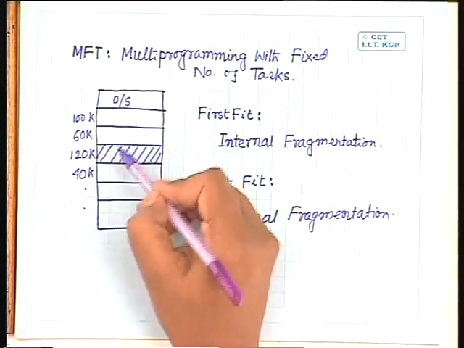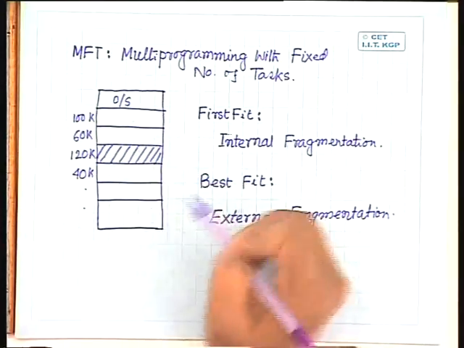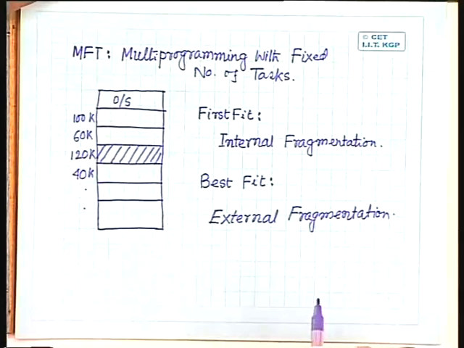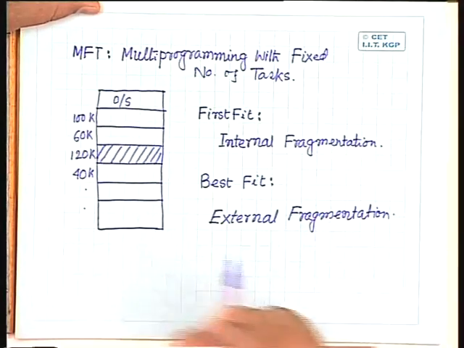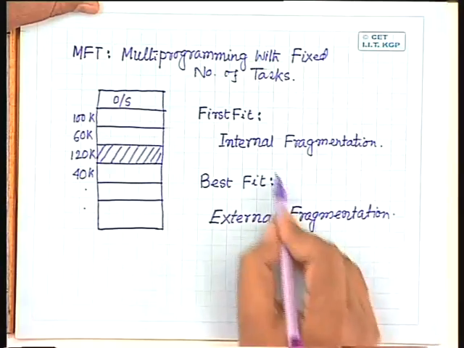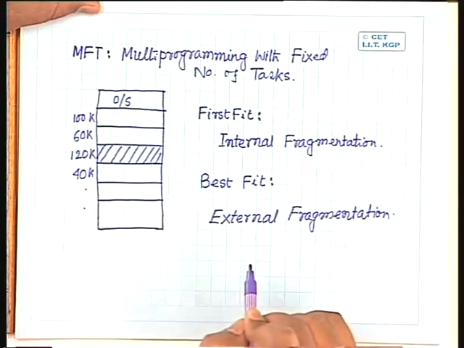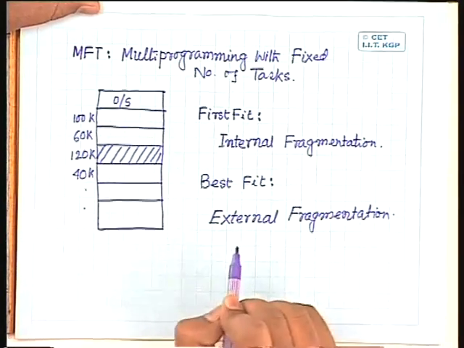The fragmentation arising out of this we will call external fragmentation. So external fragmentation is not part of a partition, whereas internal fragmentation is part of a partition, because the entire partition is not used by the process which has been allocated that partition.